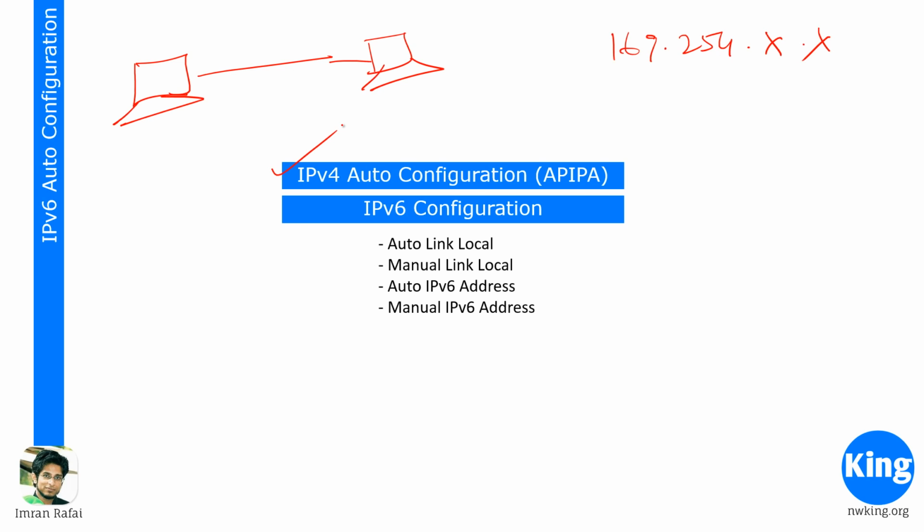Now IP version 6 also has auto configuration. The main difference, I don't know if I said this in the last video, is that IPv4 and IPv6 have one critical difference.